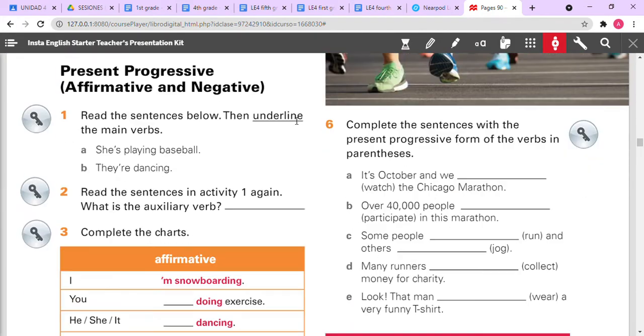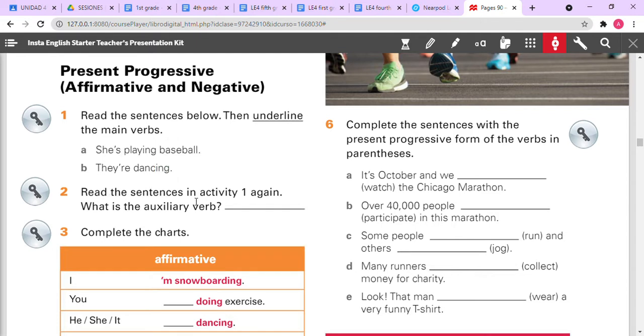And here it says playing. This is the difference, the ing form. Dance, dancing, ing form. This is the key to understand our topic. Well, let's continue.